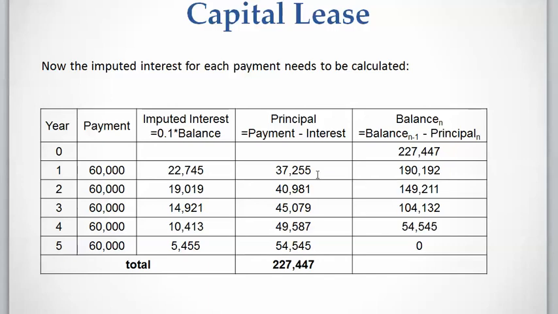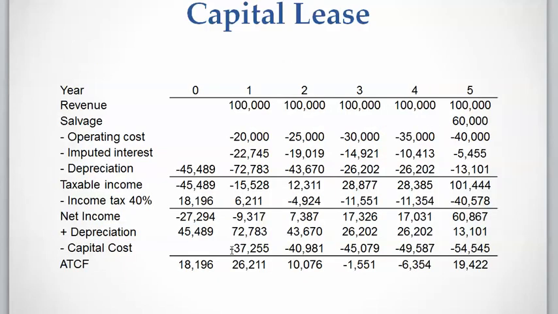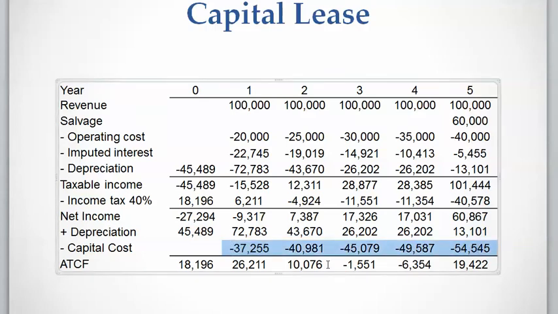Please note that in the purchasing alternative, we had the capital cost and we entered that at the present time. But here we add these capital costs, which were the principal portion of the lease payments, to this row as the capital cost from year 1 to year 5.